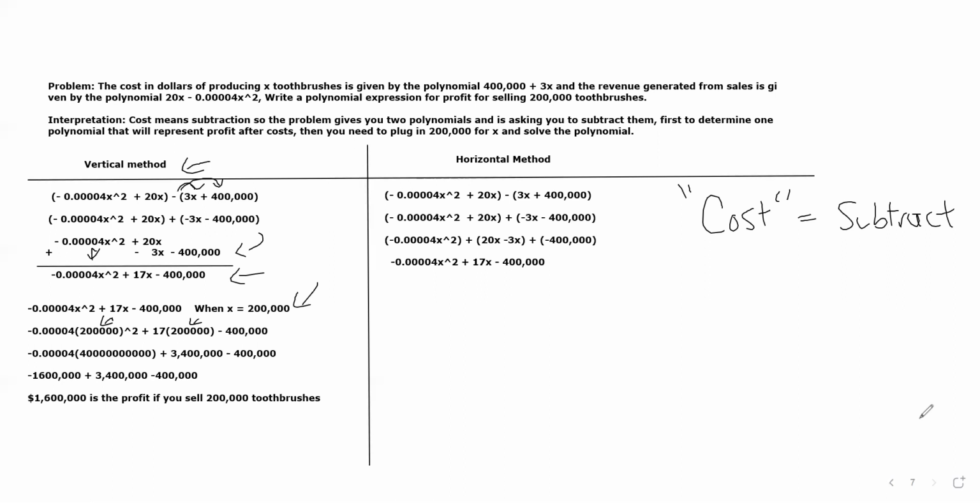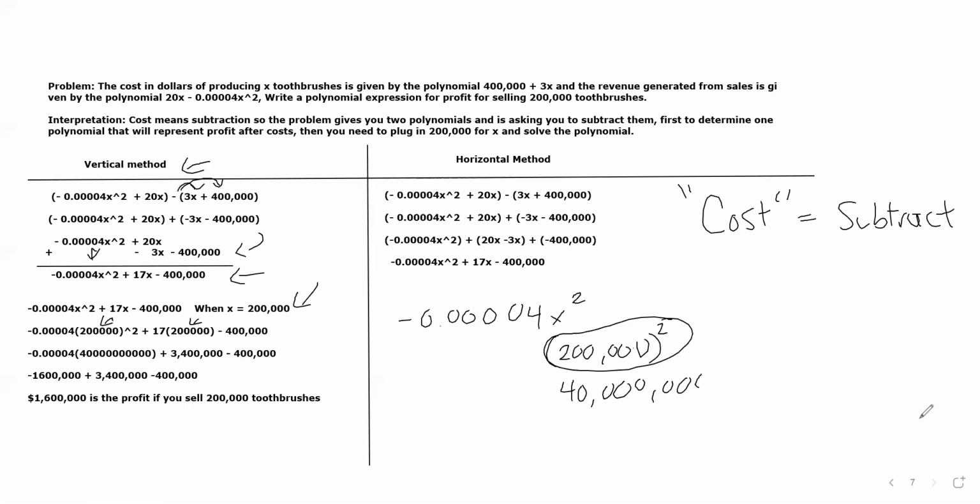I just had the negative 0.00004 x squared, right? The 200,000 squared happens first. This ends up being 4 with 10 zeros, right?